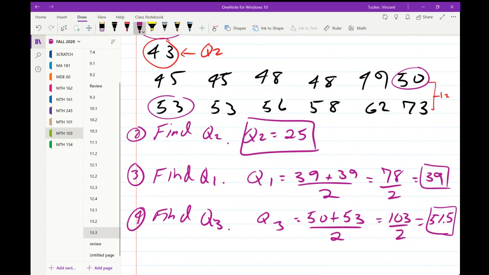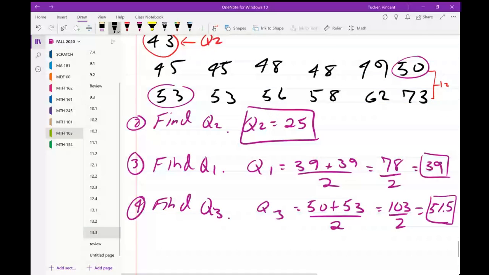So that'll be 51.5. All right, questions.